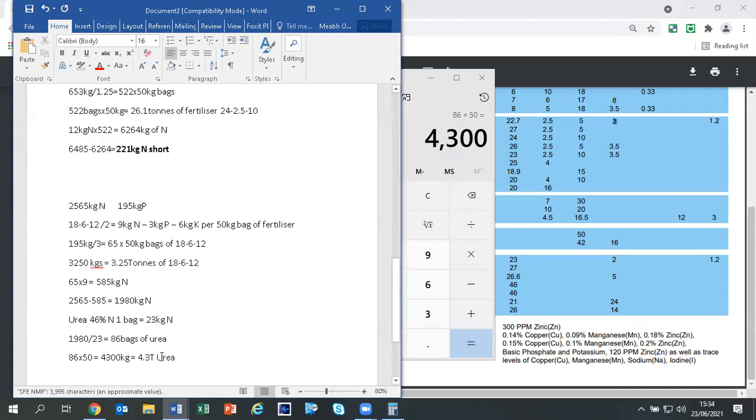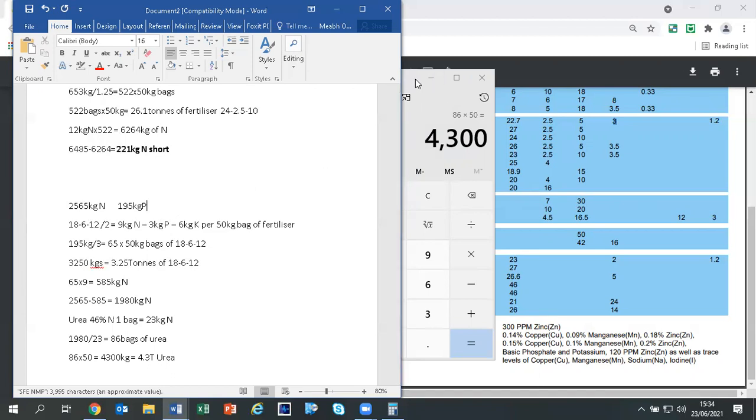So in that scenario, we have now spread 3.25 tons of 18612 and 4.3 tons of urea. And the combination of those two fertilizers should have addressed our requirement for nitrogen and for phosphorus.